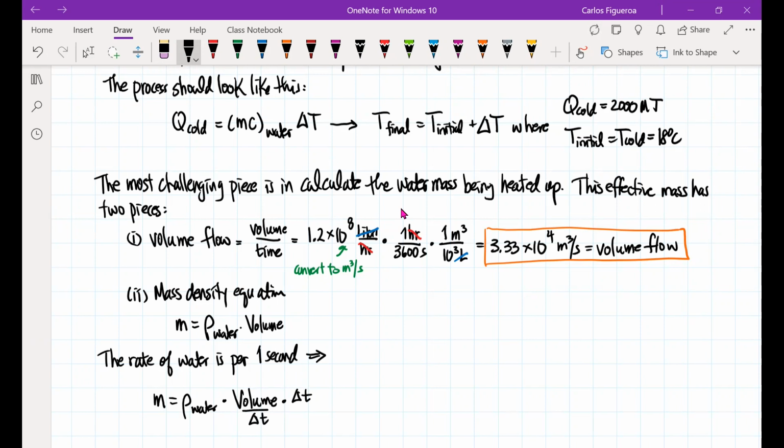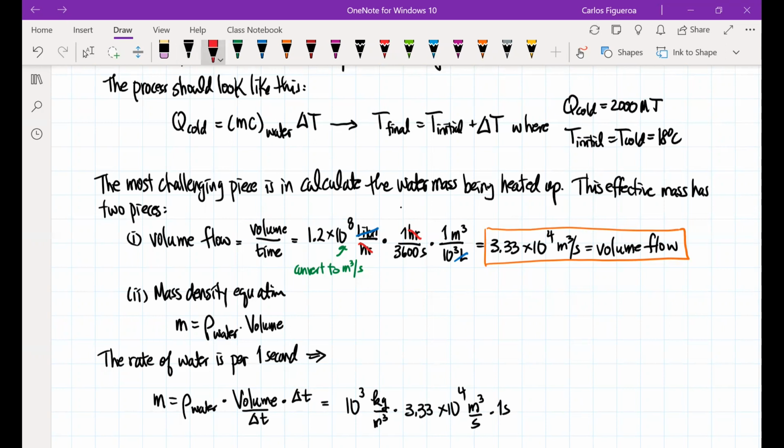So in 1 second of time, I have my flow rate, which is going to be 10 to the 3 kilograms per meter cubed, times my volume flow, 3.33 times 10 to the 4 meters cubed per second, times 1 second.